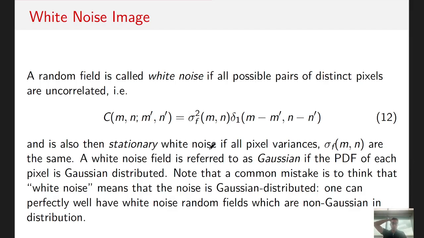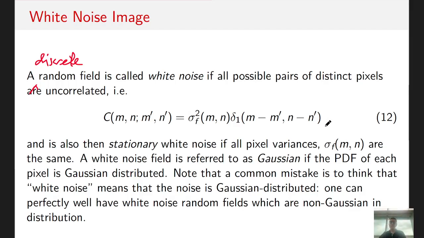A white noise image is a random field, and a discrete random field. So I should also say discrete. Okay. If all possible pairs of distinct pixels are uncorrelated, in which case the covariance function has a very particular structure, which is that it's 0 everywhere for any pairs of pixels except for the locations A and B being on top of each other.